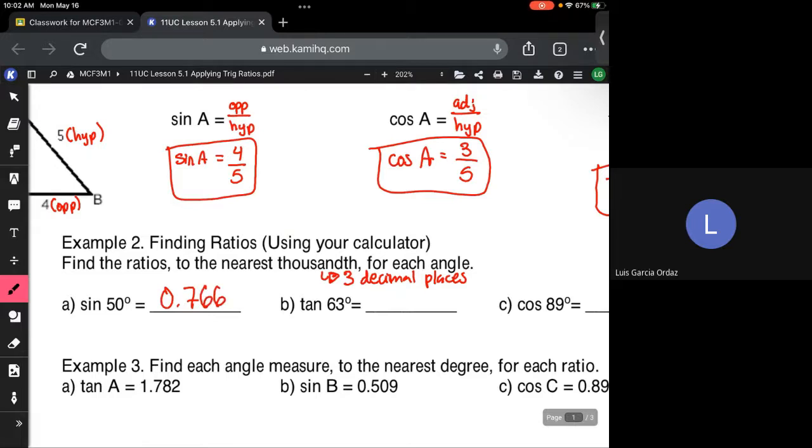On your calculator, at the top, does it say degrees or something else? Yeah, you have to change it. Make sure your calculator's in degrees. On the top part of your calculator, it should say DEG or RAD or something else.